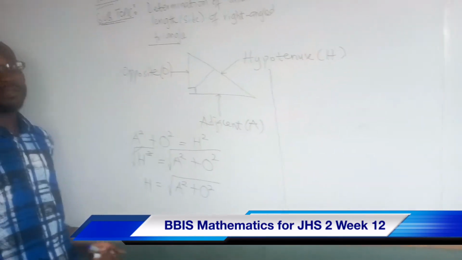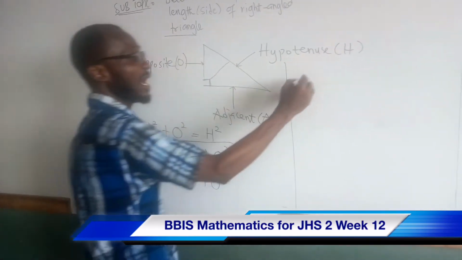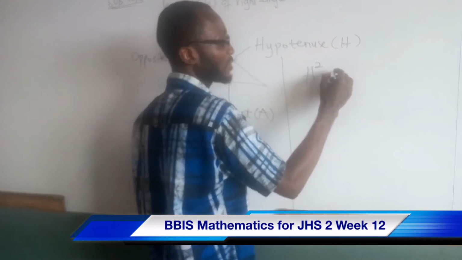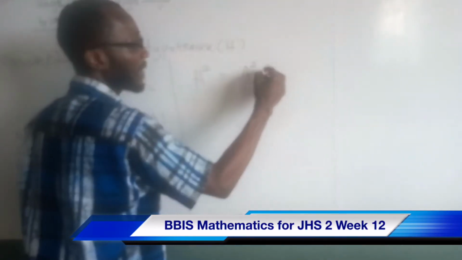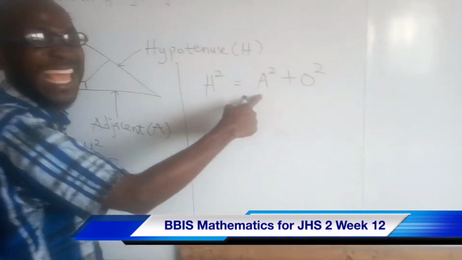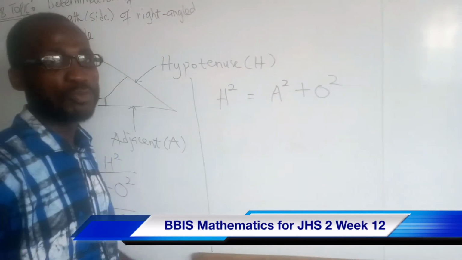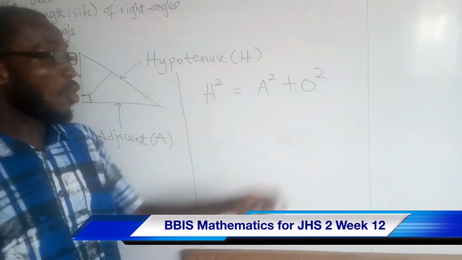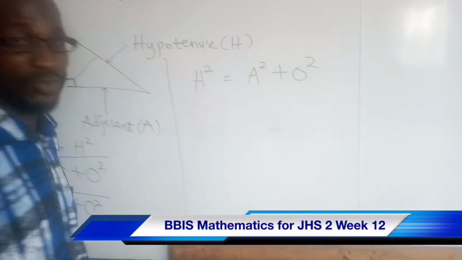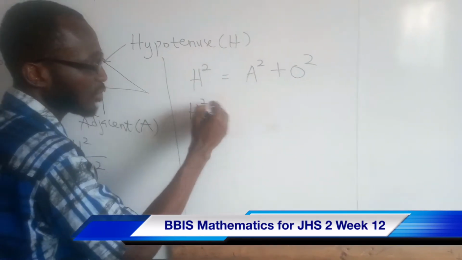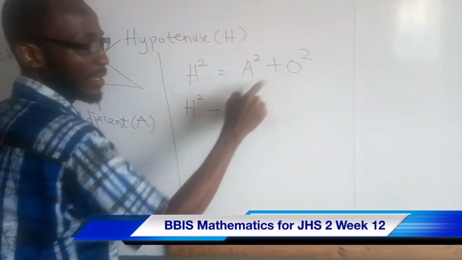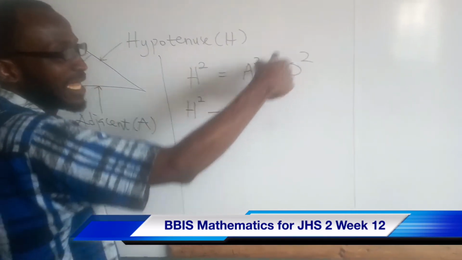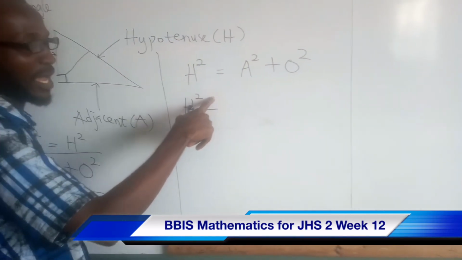We have done change of subject once again. So even having understood that hypotenuse squared is equal to adjacent squared plus opposite squared, if I ask you to make A the subject, what would you want to move first? You know it. We'll move O squared, that's the opposite squared, first. So we have hypotenuse squared what? It is plus, and I've told you that anytime the plus sign is crossing the equal to sign, it becomes what? Minus.